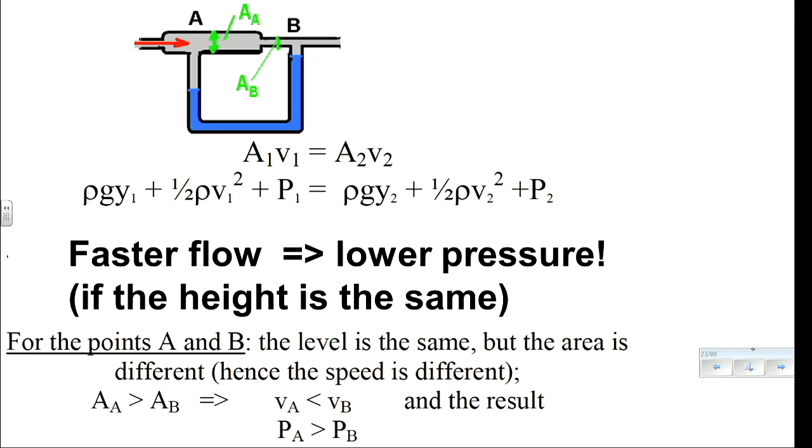But the sum must be the same, so if this term goes up, this term should go down to compensate that. And of course, if we had numbers, we could calculate speed, we could calculate pressure. Any questions? We will be solving specific problems.